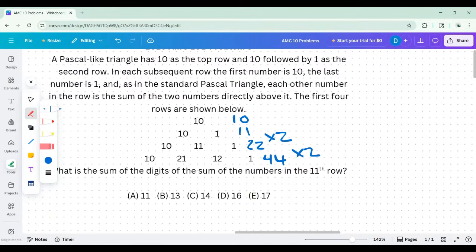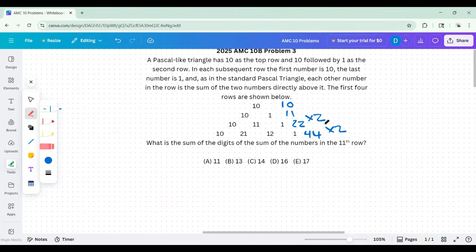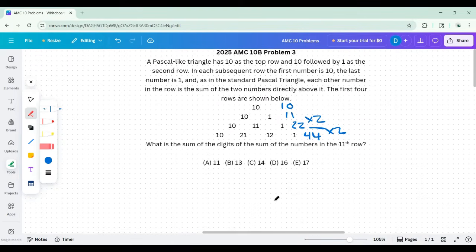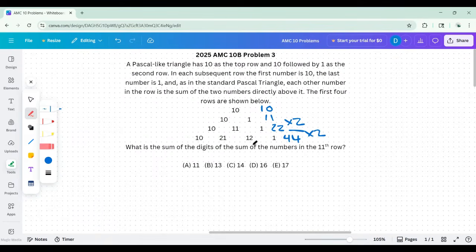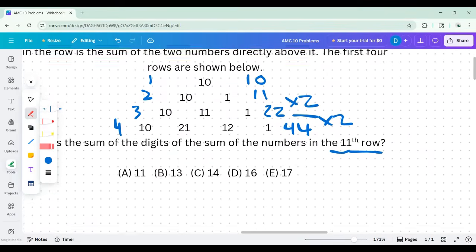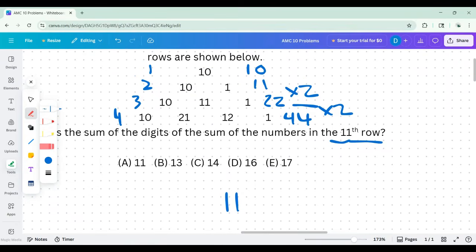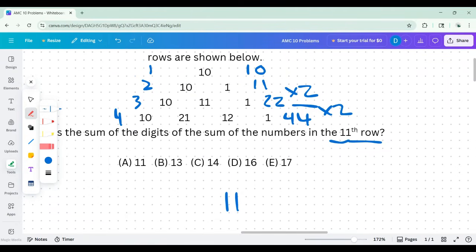So obviously, you can take your time to prove that, but in this case, we will move on. Since for each of the rows we are multiplying by 2, it is very easy to find the sum of the numbers in the 11th row, because let's label the rows right here, 1, 2, 3, 4. If we start on the second row, not the first row, we have a sum of 11.